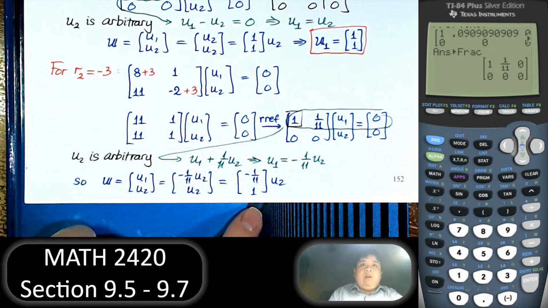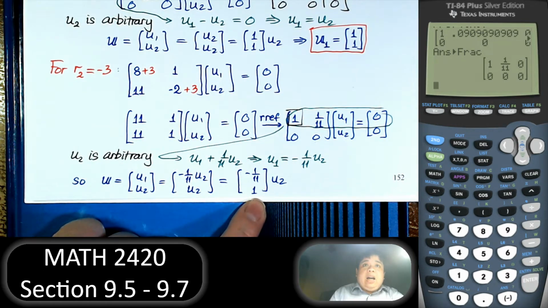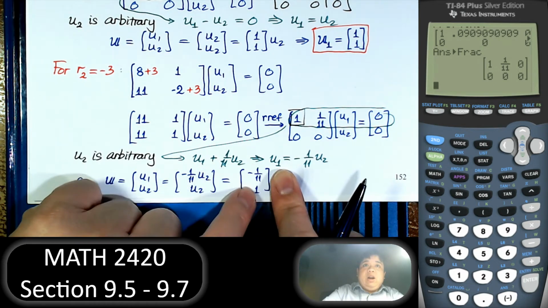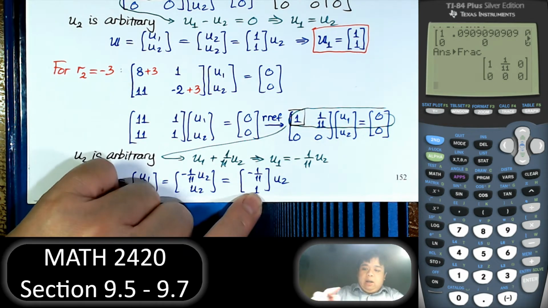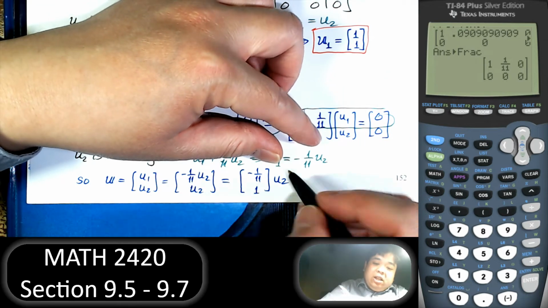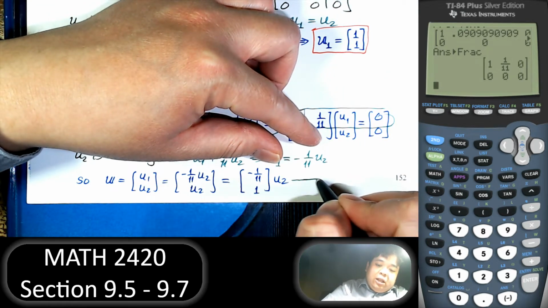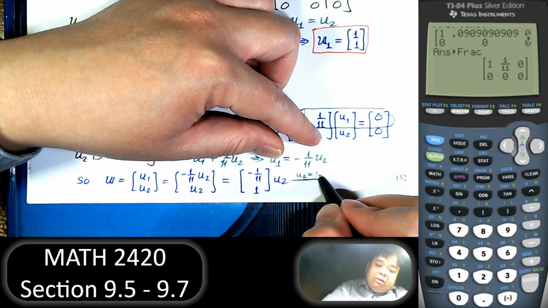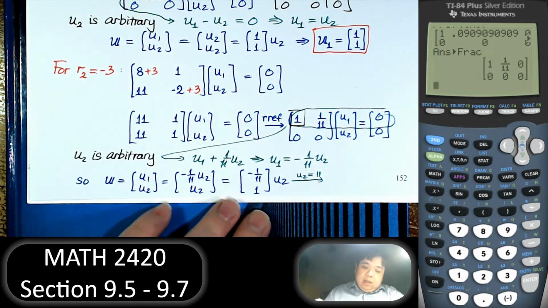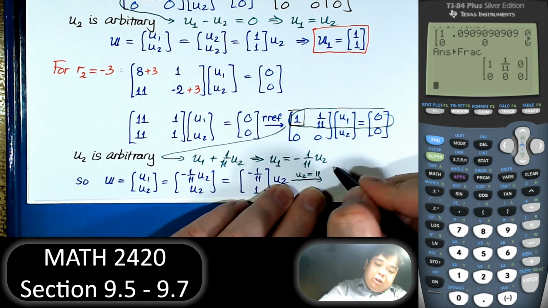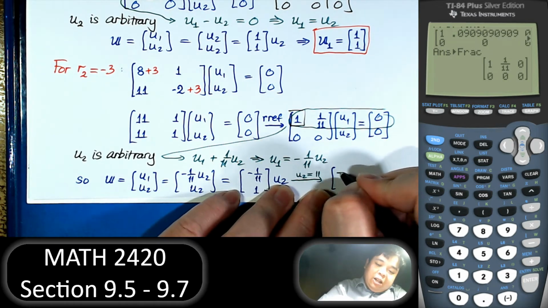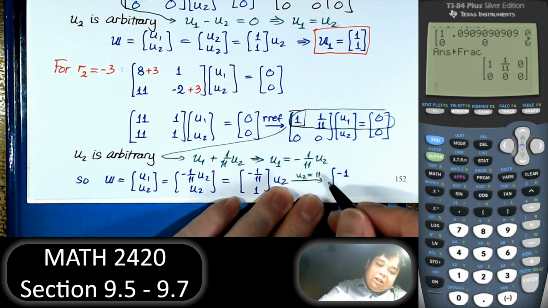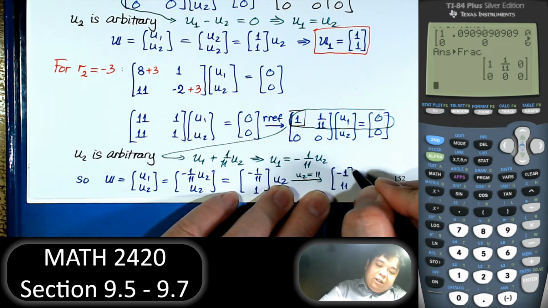Of course, we can find the eigenvector as -1 over 11 and 1. Now, for simplicity, sometimes we just say if we let U2 equal to 11, then multiply in, we're going to have a much better vector, right? -1 and then 11.